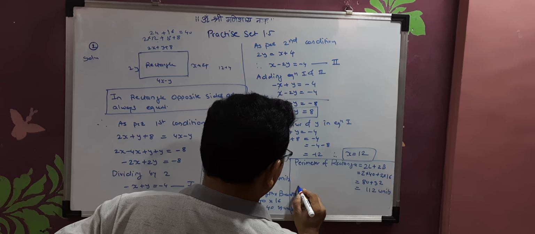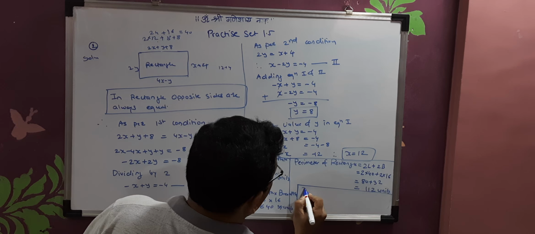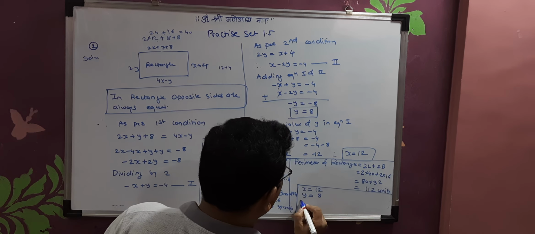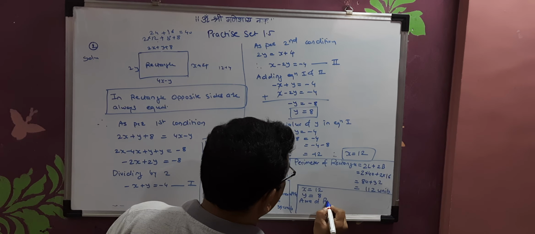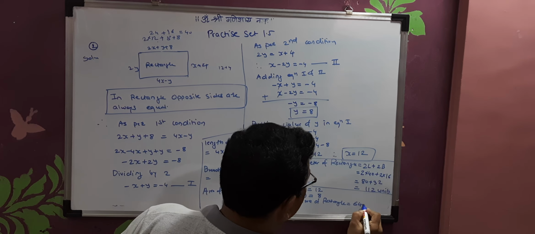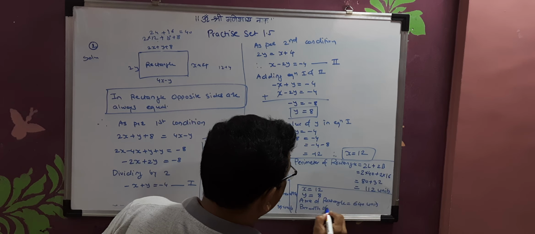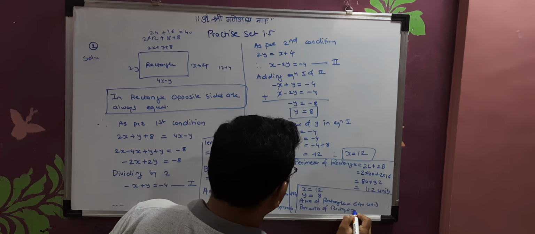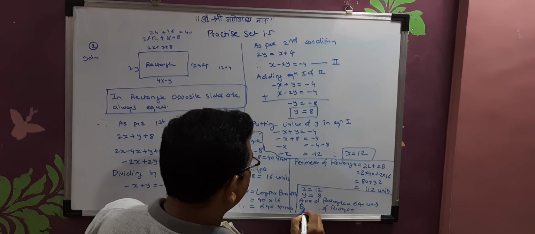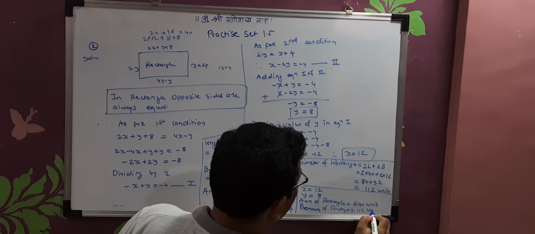Now you have to put all the values in the answer. So we'll write what they have asked. x is equal to 12, y is equal to 8, area of the rectangle is equal to 640 square units, and perimeter of the rectangle is 112 units.